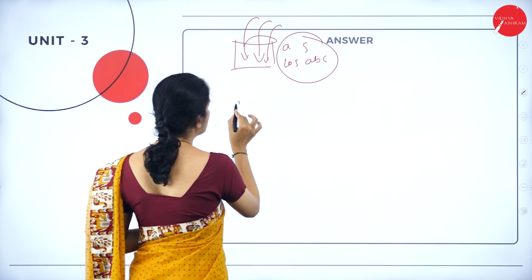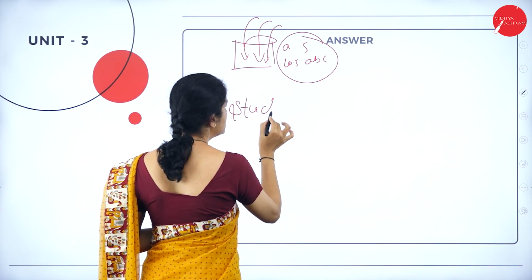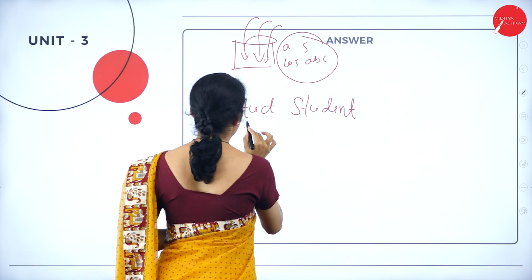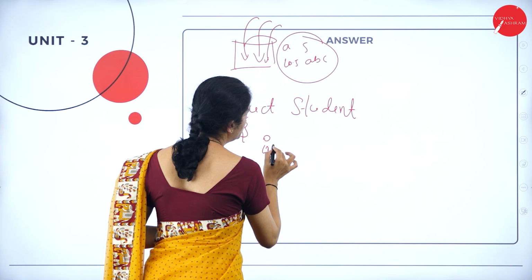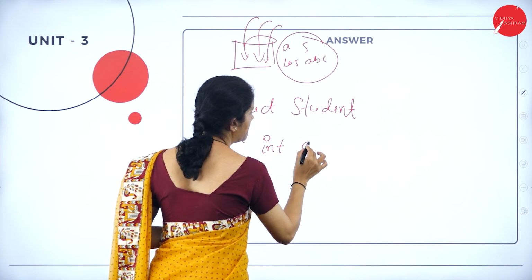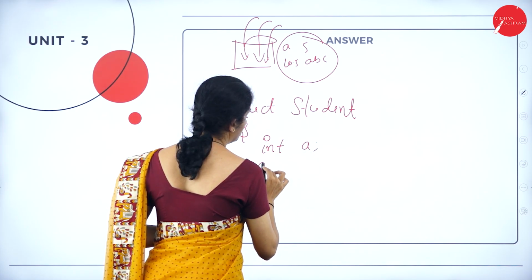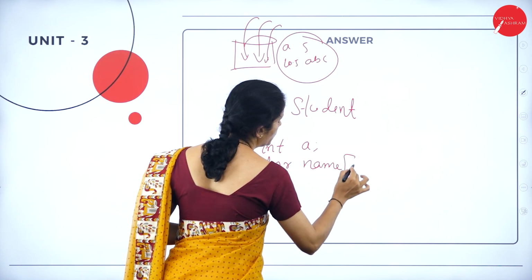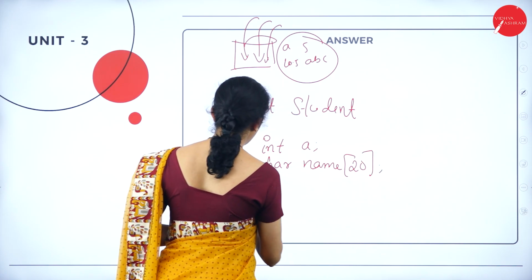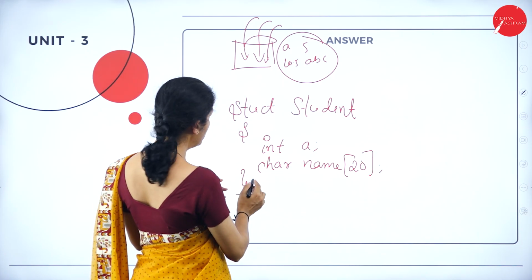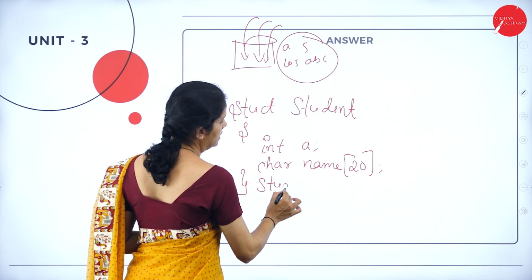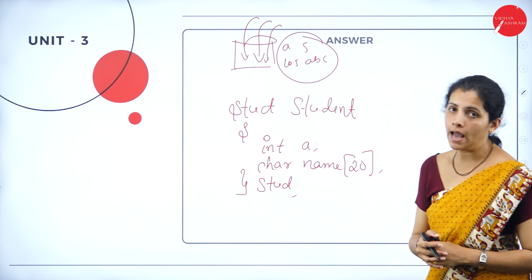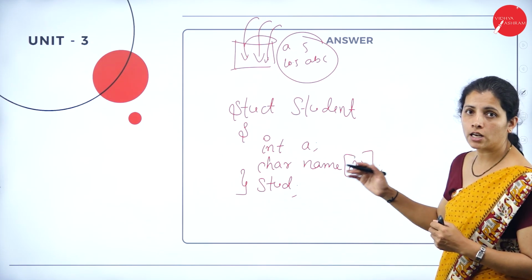And how to create a structure? I use the keyword struct student. Okay, fine. Then, inside this, I create the variable int a. Then char name of 20. Okay, then here itself I can create the structure variable, or inside the main program I can create the structure variable.